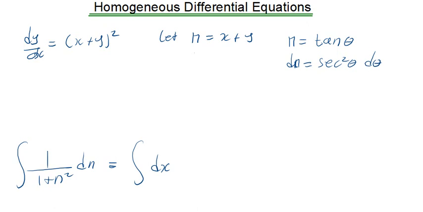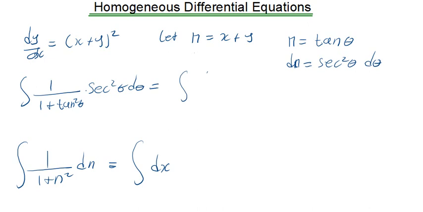So I have 1 over 1 plus tan squared theta, multiplied by sec squared theta d theta, equals dx on this side.